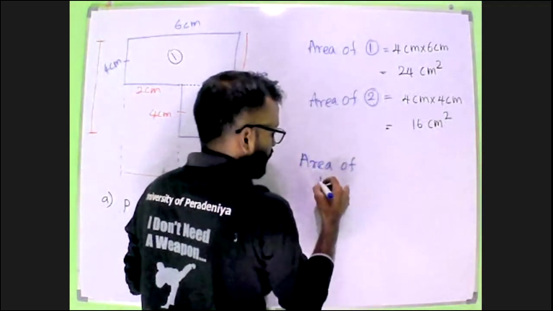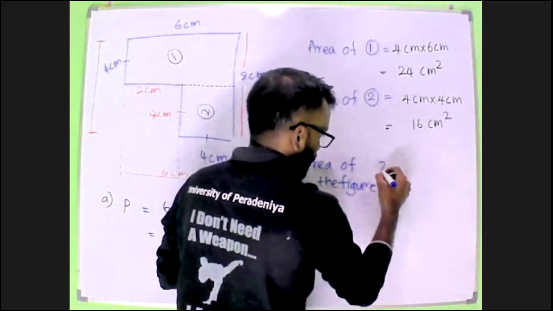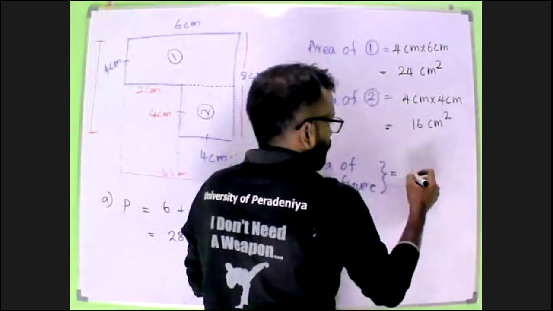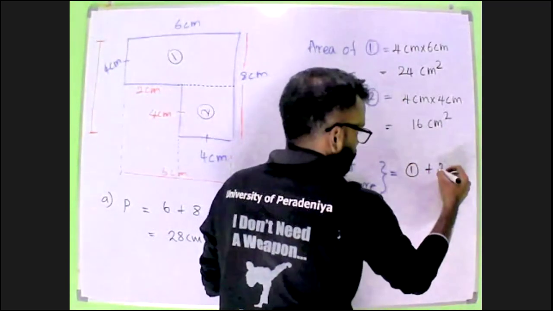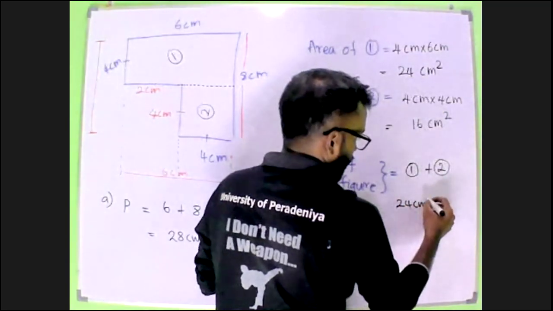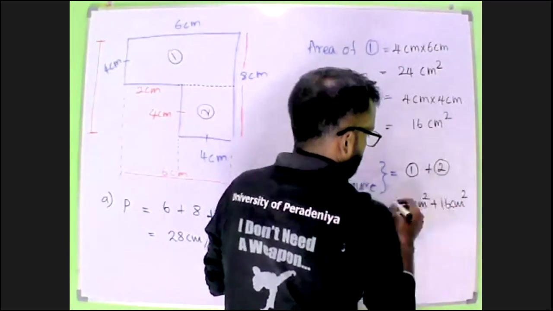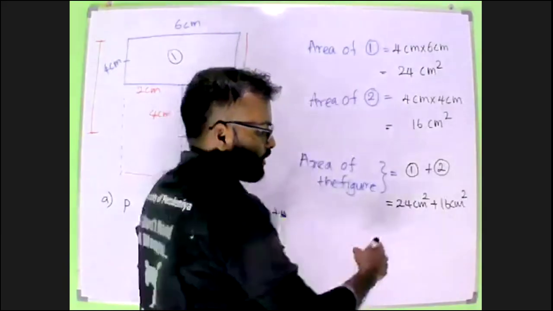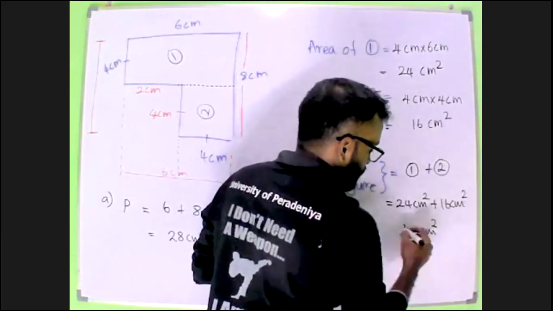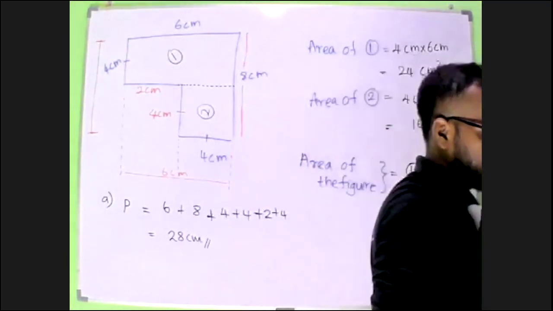Area of the figure, 1 plus 2, right? 24 square centimeters plus 16 square centimeters. Okay, right? So altogether 40 square centimeters, right? So this is it.